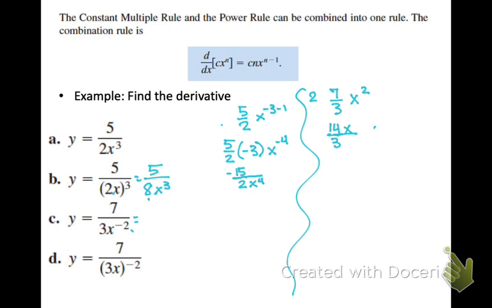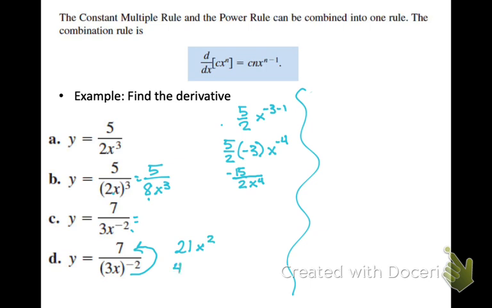Okay, now this one. If the negative's on the whole denominator, yes? Mm-hmm. So that means it all goes where? To the top. So what's 3 times 7? 21. So I have 21 x to the second.